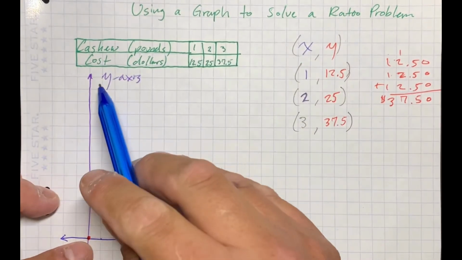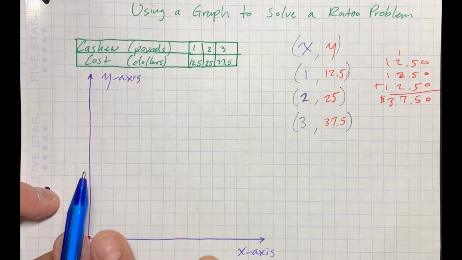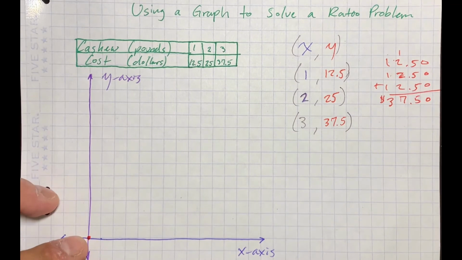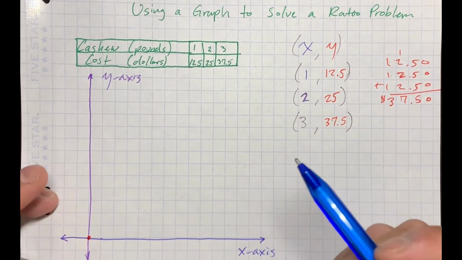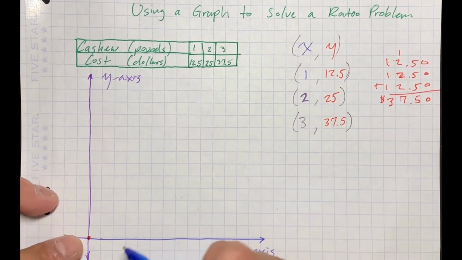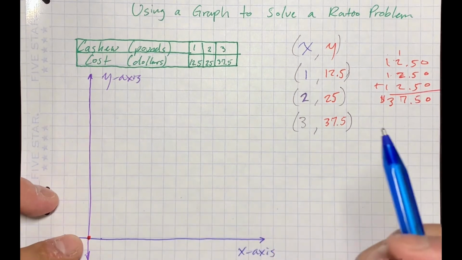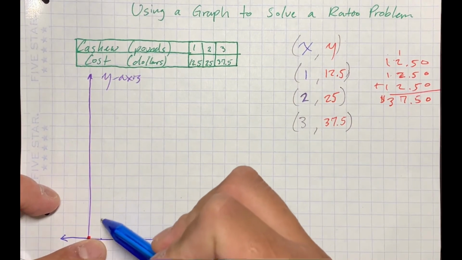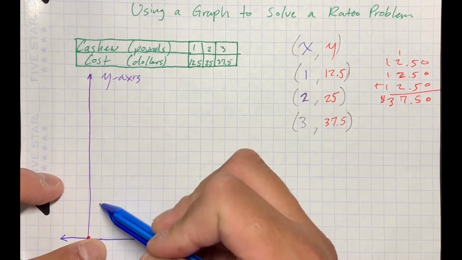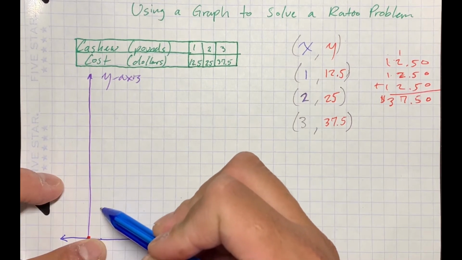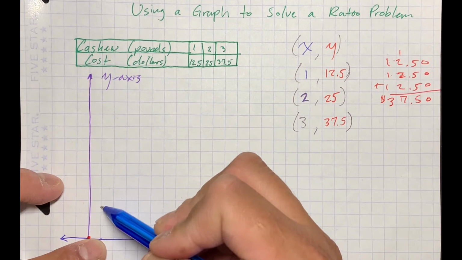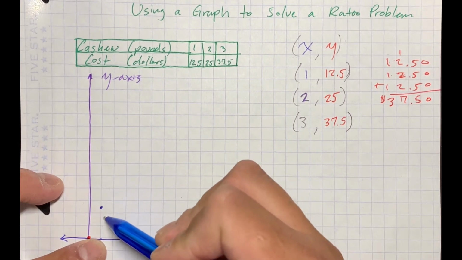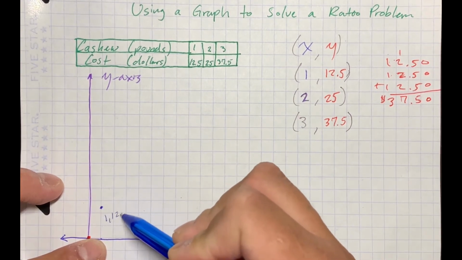You could plot it there, but this is going to be a really steep incline. If you don't have enough space, we can maybe use increments of 5. So let's say 1, and this is 5, 10, 15, so 12 and a half would be somewhere in here. So this would be 1 pound is going to cost us $12.50.